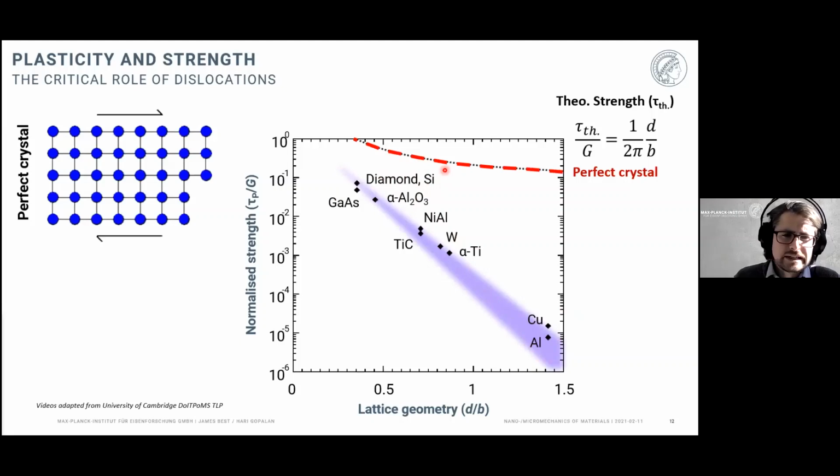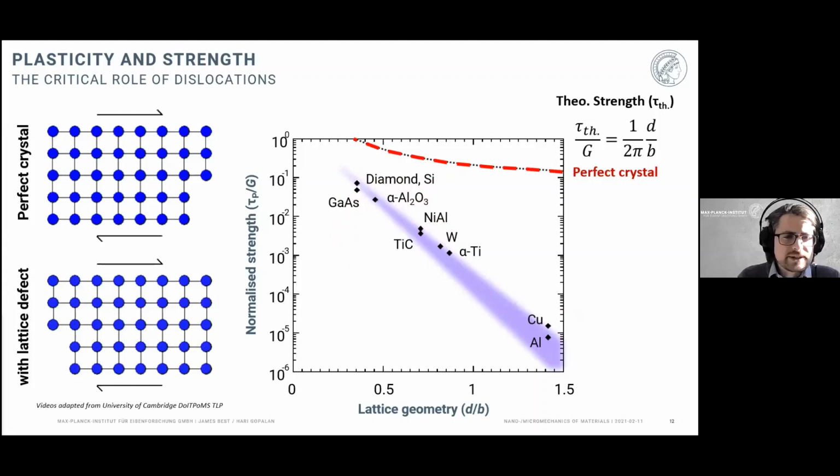And why is this? Why do we get some materials, all materials basically, which diverge from that theoretical strength? And the answer is because we have defects within real structures. So we never have really a perfect crystalline lattice, but we have something a little bit more like this, so that we have some defects within that crystal structure.